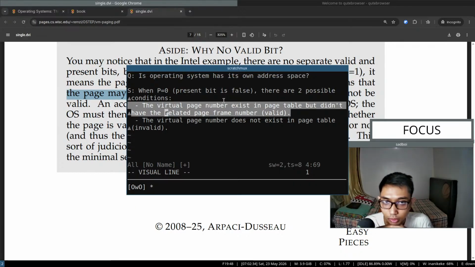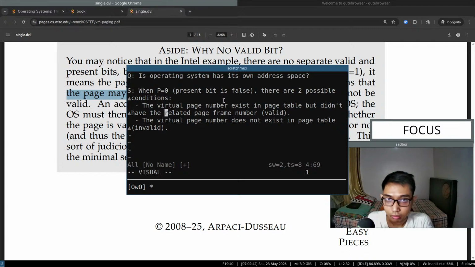So the virtual page number exists in the page table, but didn't have the related page frame number. So it is actually valid, but we haven't connected the virtual page to the page frame.